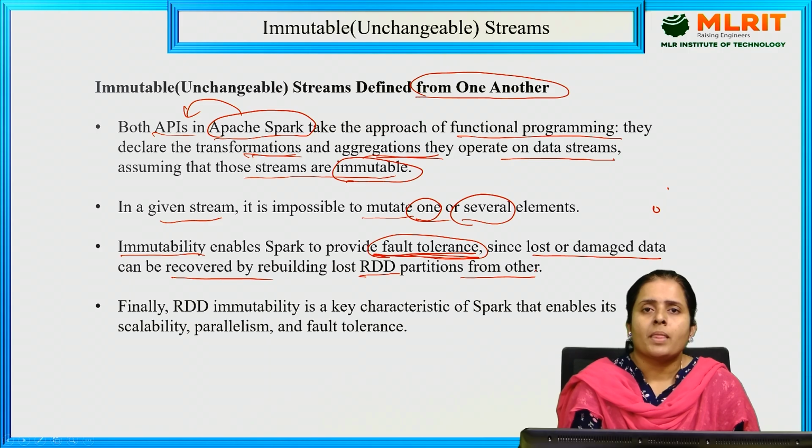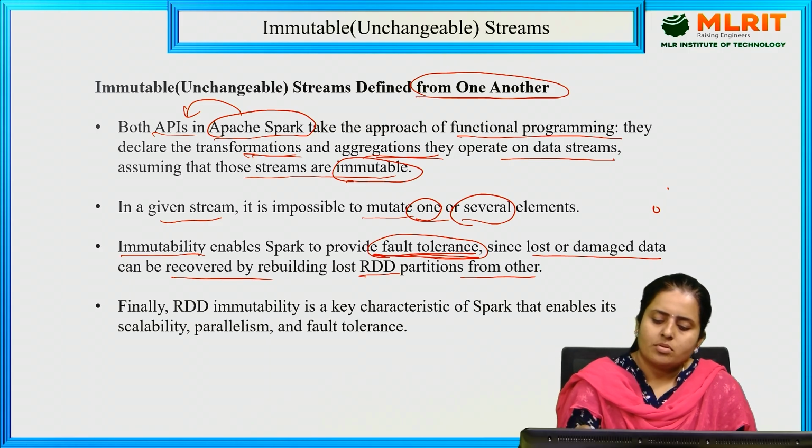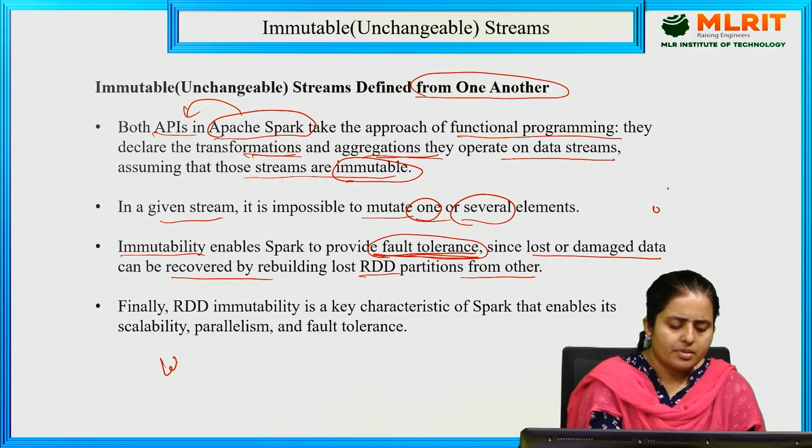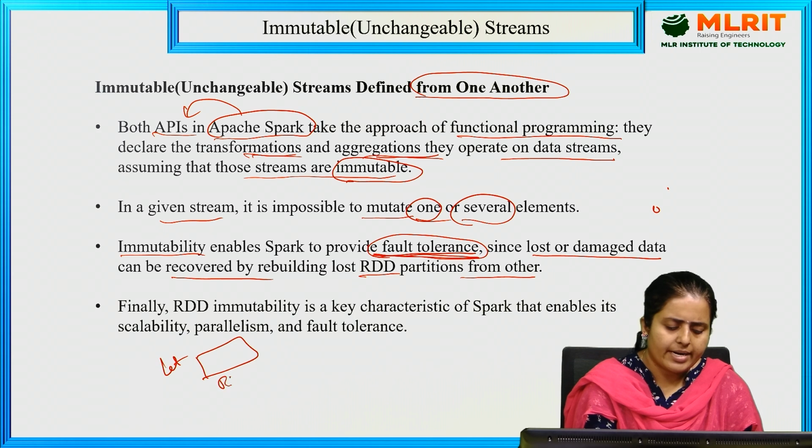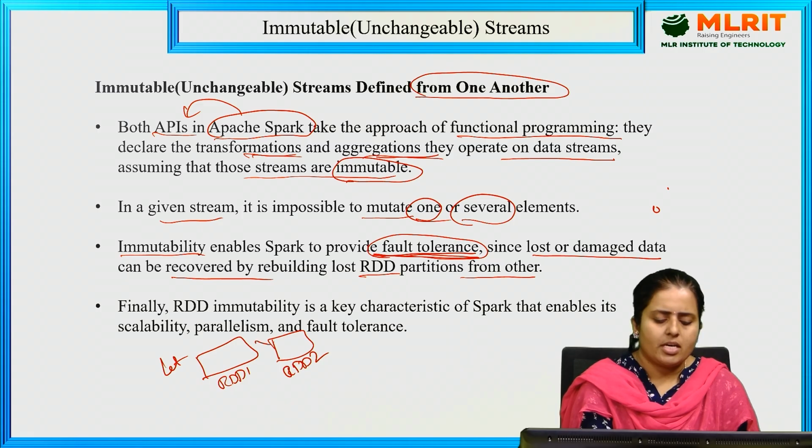Let us take an example. We have declared RDD1 and RDD2. Suppose any failure happens to the system, there may be a chance of losing RDD1 data.